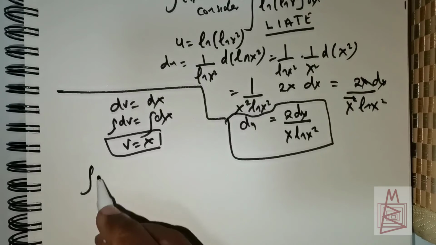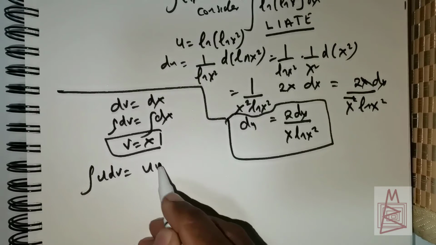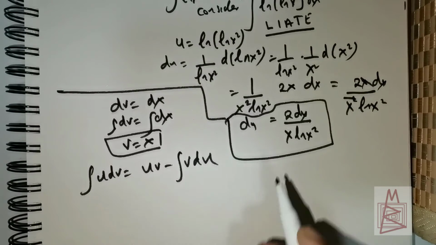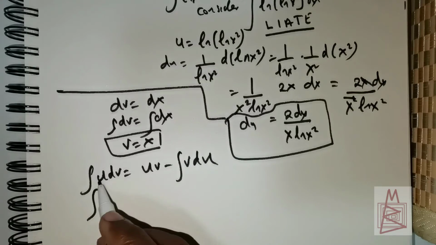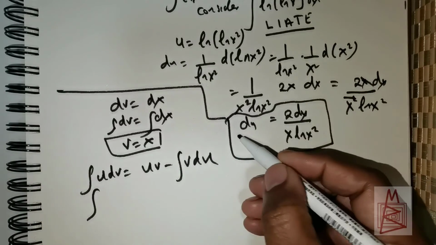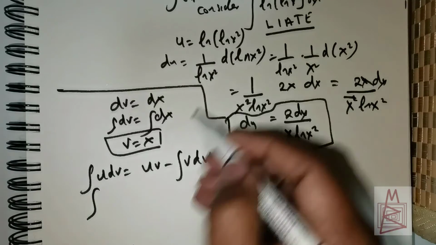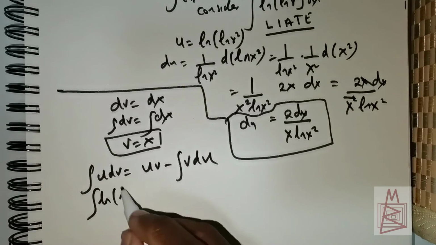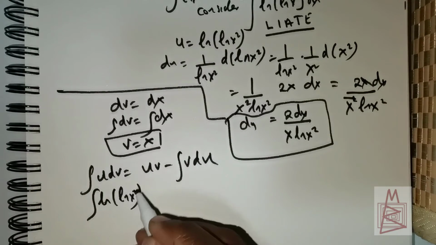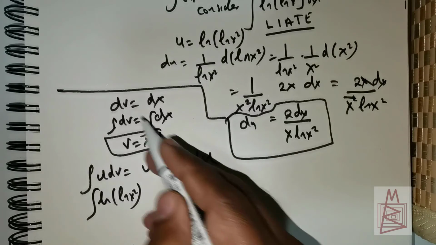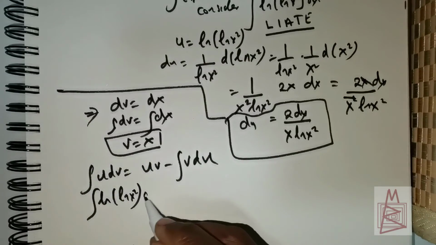Now the integration by parts formula is integral u dv is equal to uv negative integral v du. So my u is going to be ln of ln x squared, times my dv, which is going to be the dx there.